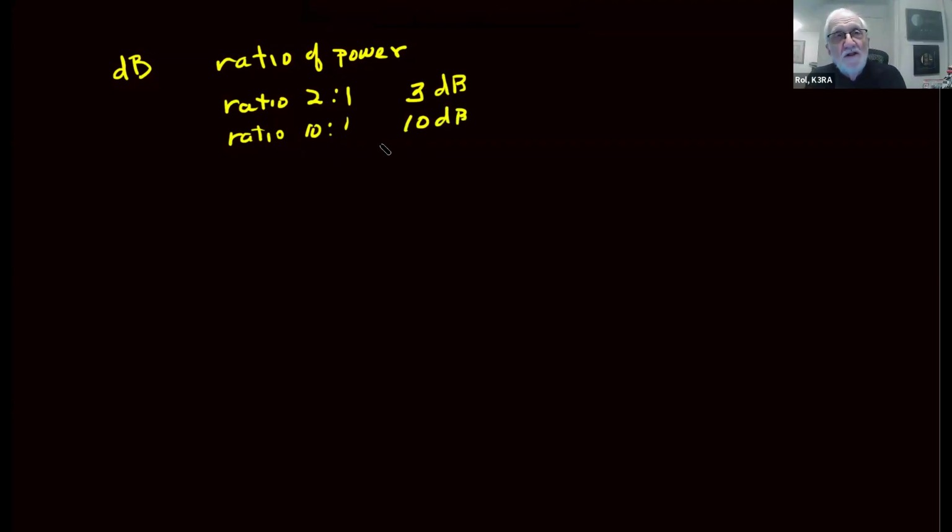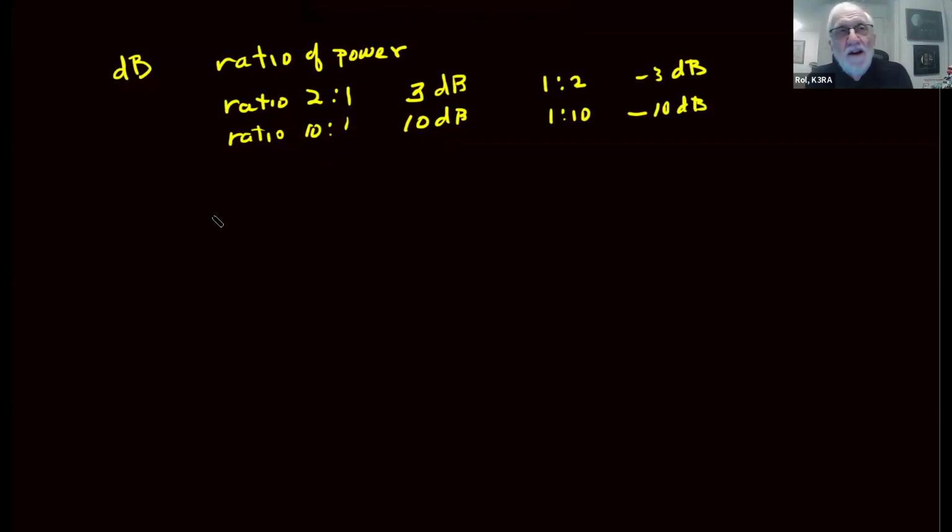Note that it turns out that 10 to 1 is 10 dB, but 2 to 1 is not 2 dB. 2 to 1 is 3 dB. And if it's minus, it's the reverse. 1 to 2 is minus 3 dB. And of course, 1 to 10 is minus 10 dB.